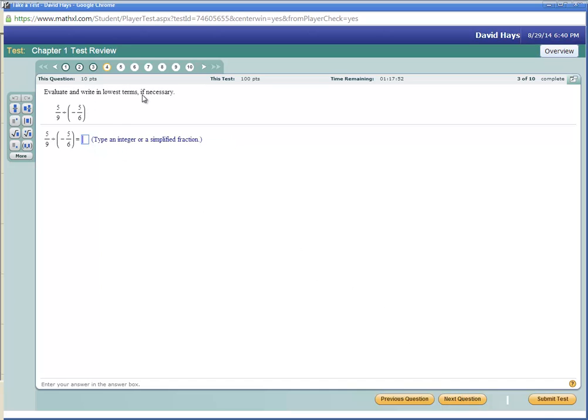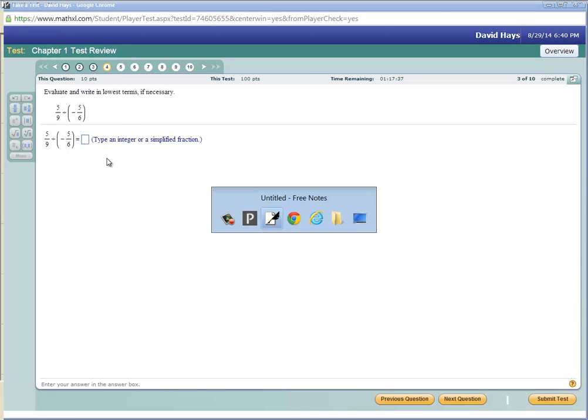And what are we doing here? Evaluate and write in lowest terms. And assuming I can see this, I think that... Oh, eyes are bad. I may get this one wrong, just from the fact I can't see it.